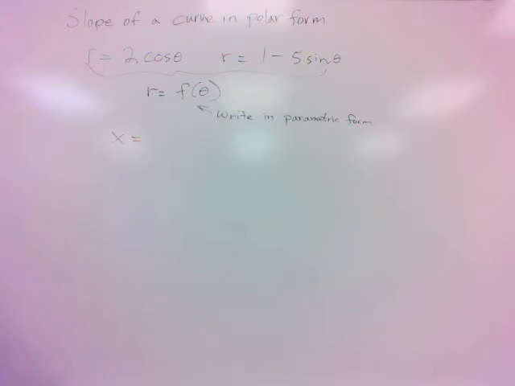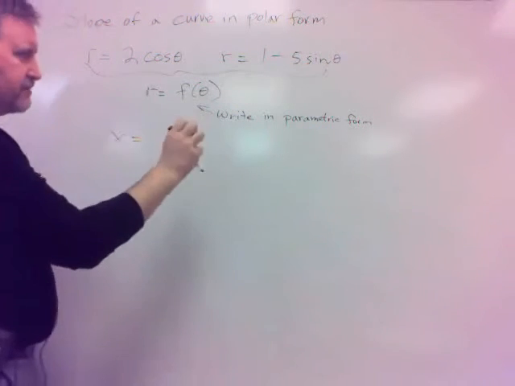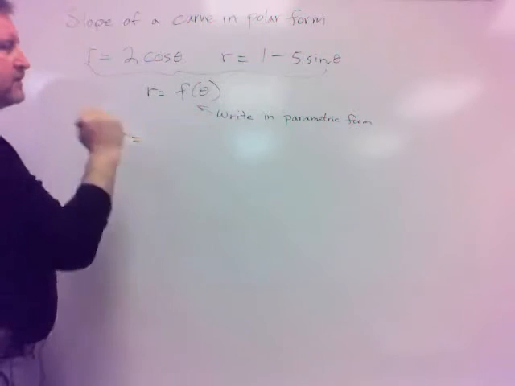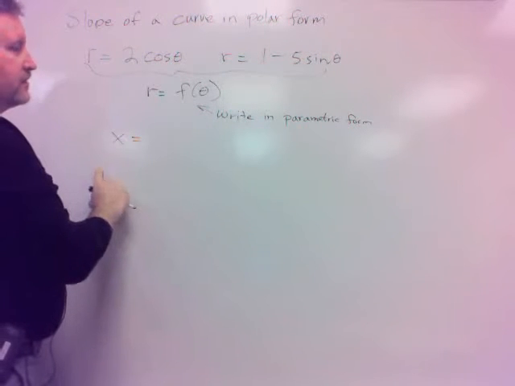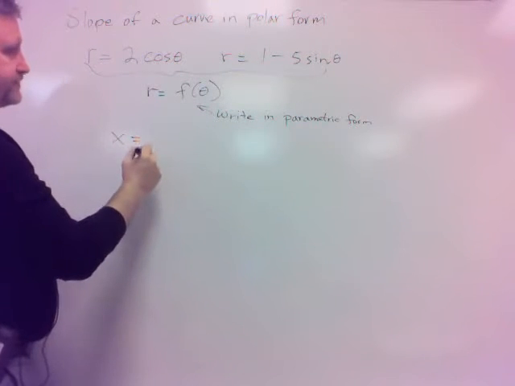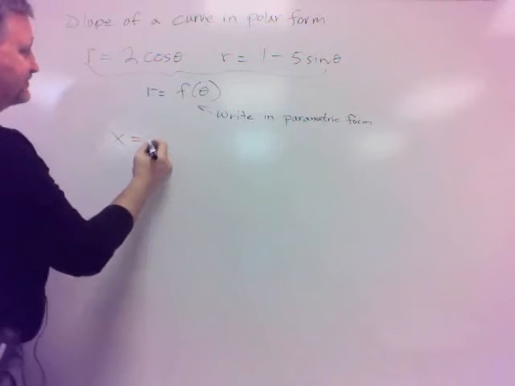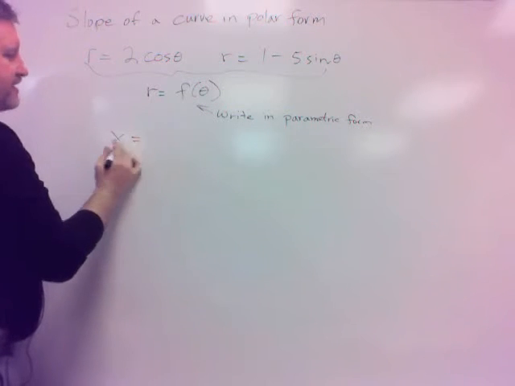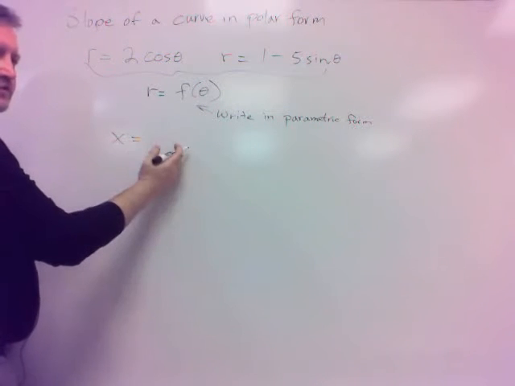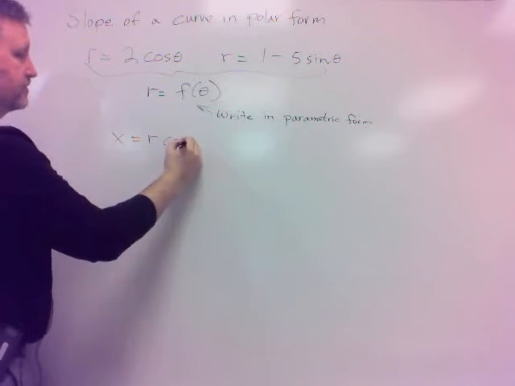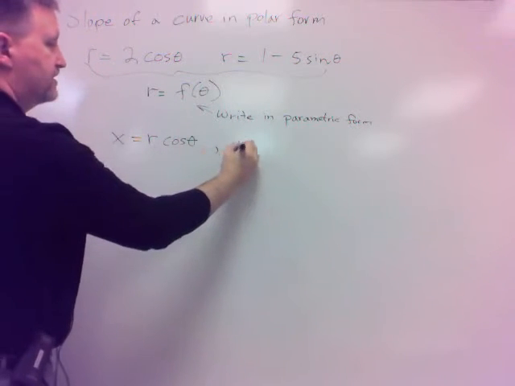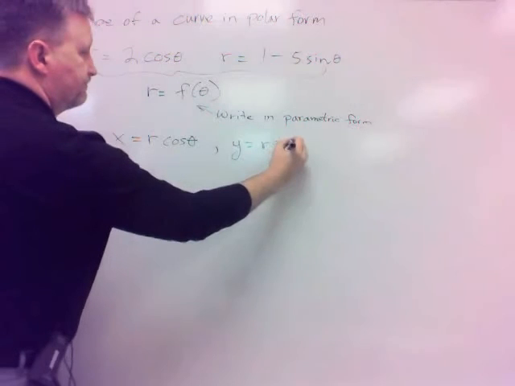It's kind of a combination parametric Cartesian form, if you will. Not really, but that's sort of what we're doing. In Cartesian, x is equal to r cosine theta, and y is equal to r sine theta, right?